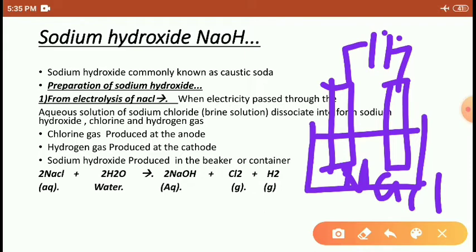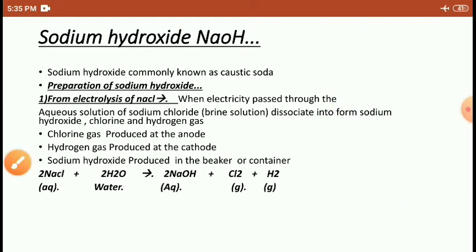When you switch on the battery, what happens students? Here it contains water also, from which hydrogen gas moves towards the cathode, and chlorine from NaCl moves towards the anode.